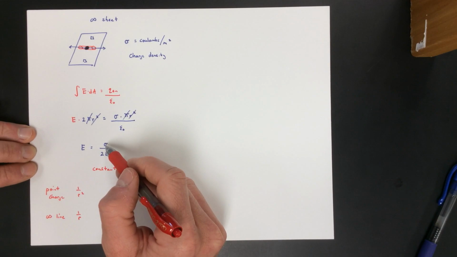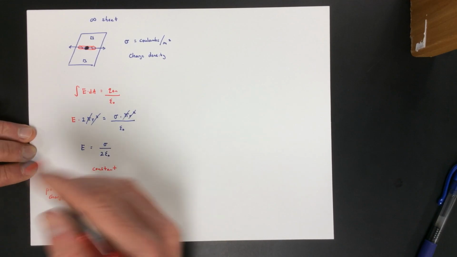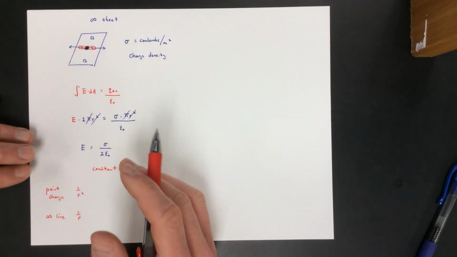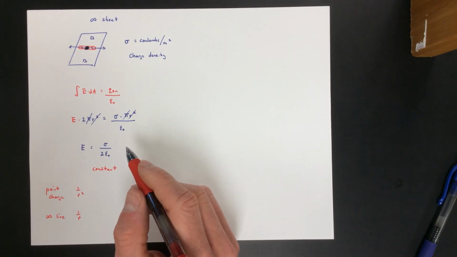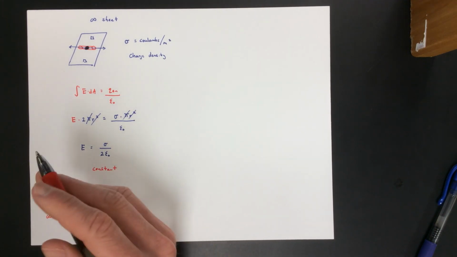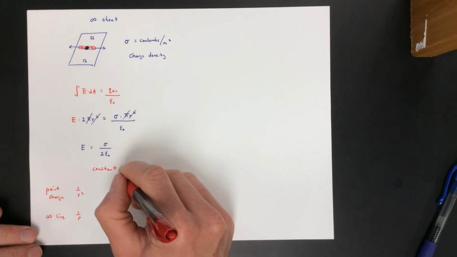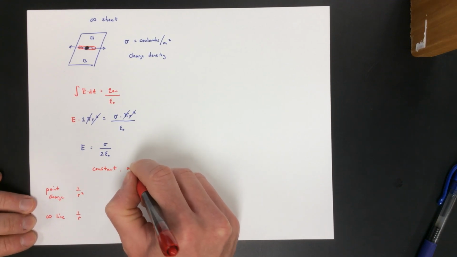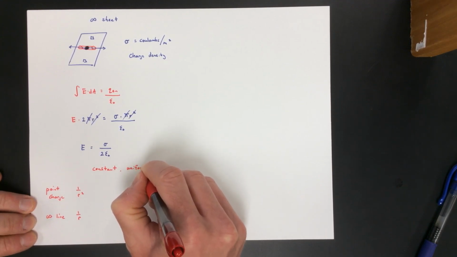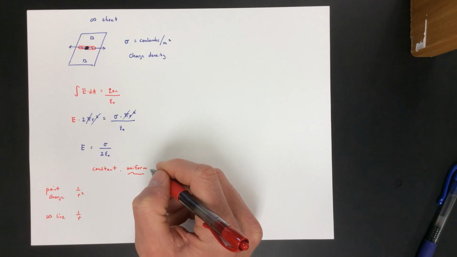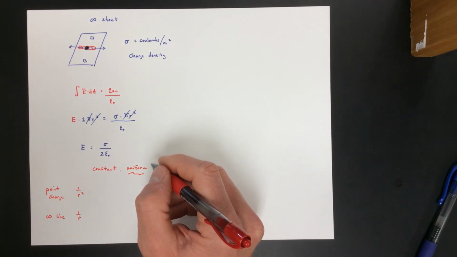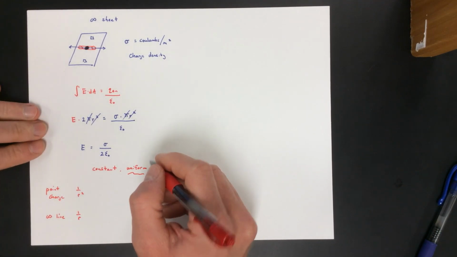You tell me the total charge and the total area of this big sheet, and then I will tell you the electric field. And that's really nice because it's a uniform field, constant or uniform, and then we can use that in so many ways because it's an easy way to create a uniform electric field.